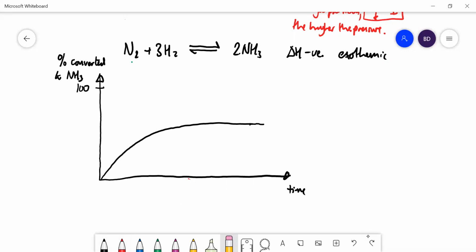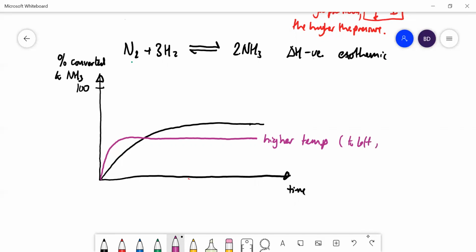Now let's see if we did it at a higher temperature. I think we mentioned it before. You would get a line something like that. So this is at higher temperature. There are two things to note here. One is to do with equilibrium, and that shows you that the equilibrium position is to the left.